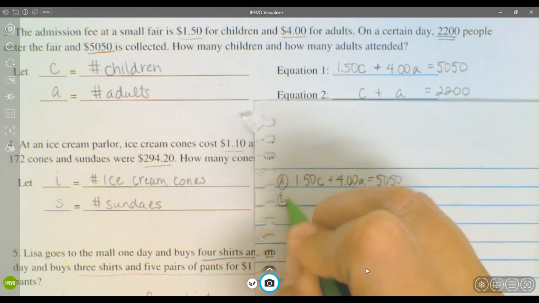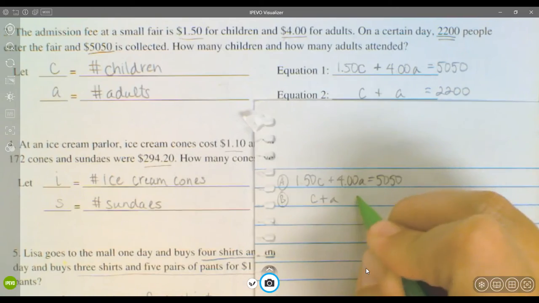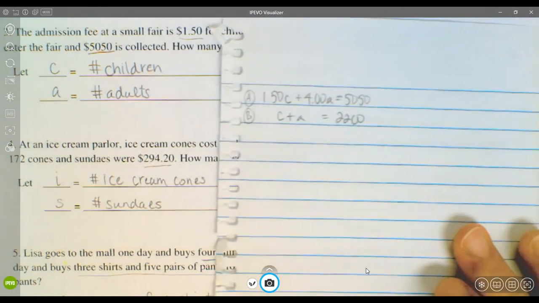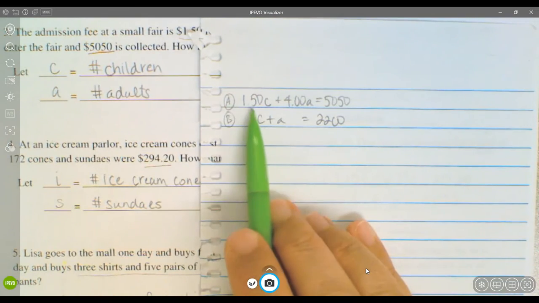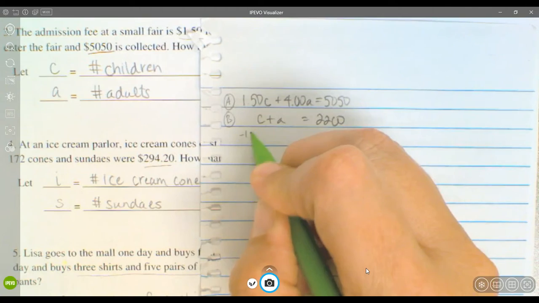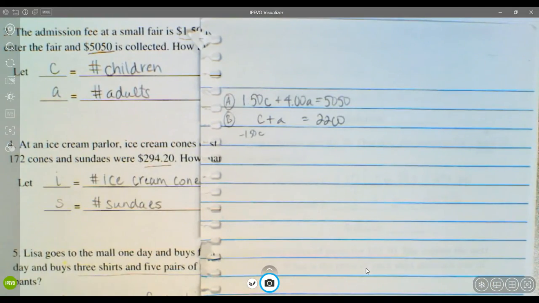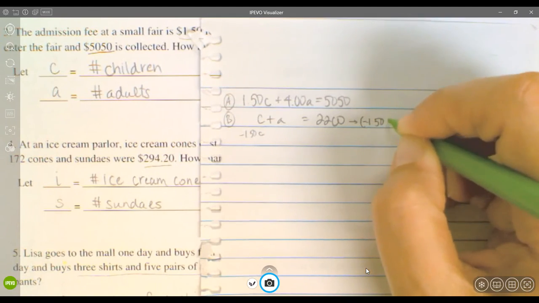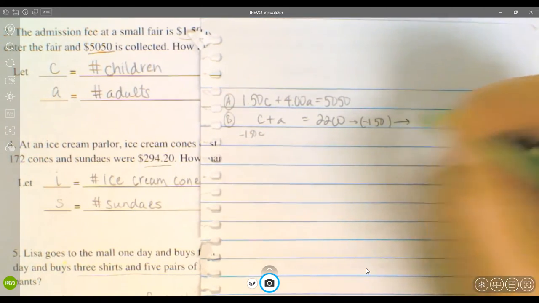And equation B is C plus A equals 2200. Okay, so again, to eliminate the C, if this is 1.50 C, this needs to be negative 1.50 C. So that tells me that everything down here has to be multiplied by negative 1.50.